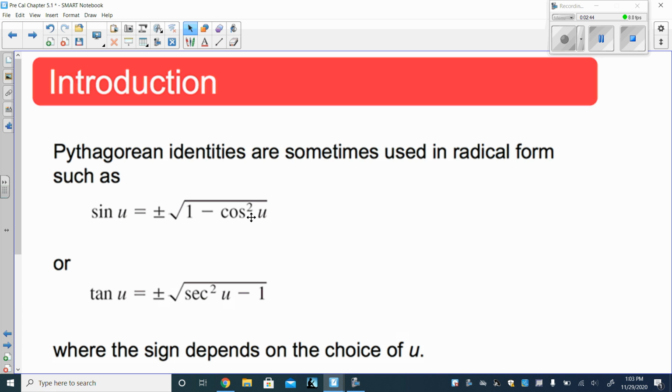Like this here, sine of u is equal to plus or minus the square root of 1 minus cosine squared of u. Really what they did is they took the original equation, sine squared plus cosine squared equals 1, and solved.